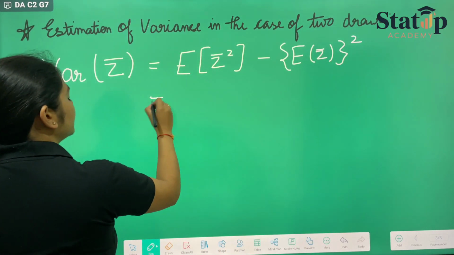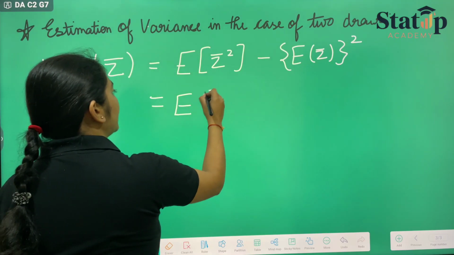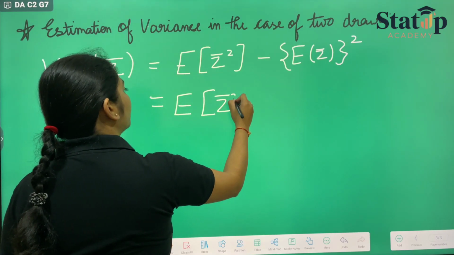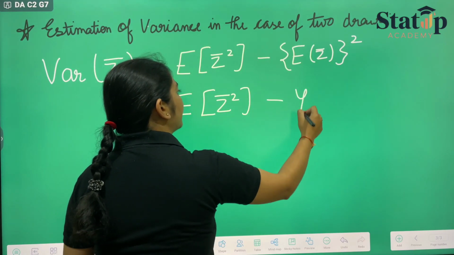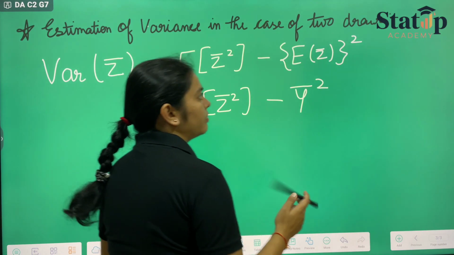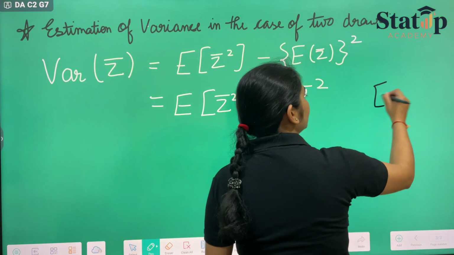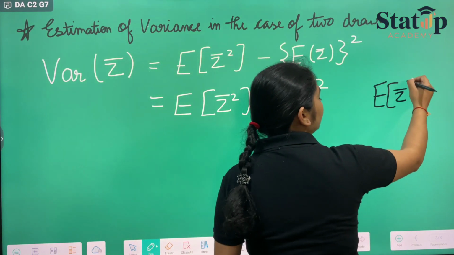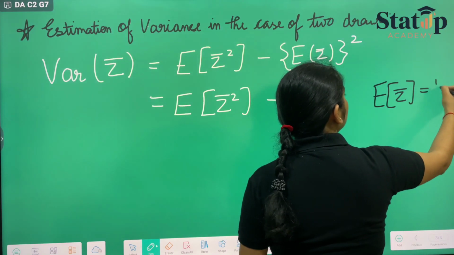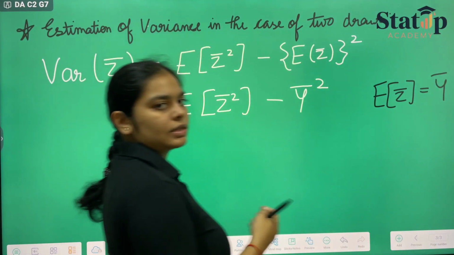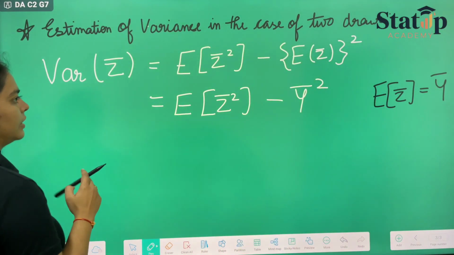This can be rewritten as expectation of z bar whole square minus Y bar square, since we know that expectation of z bar, which we proved in yesterday's class, is nothing but Y bar, as z bar is an unbiased estimator of the population mean, so we can write it like this.